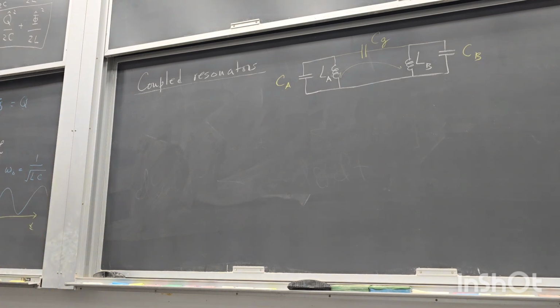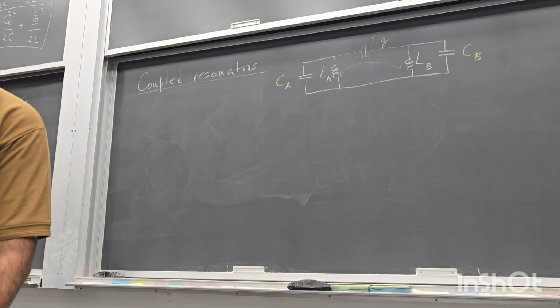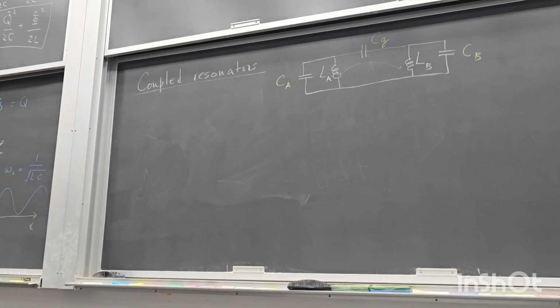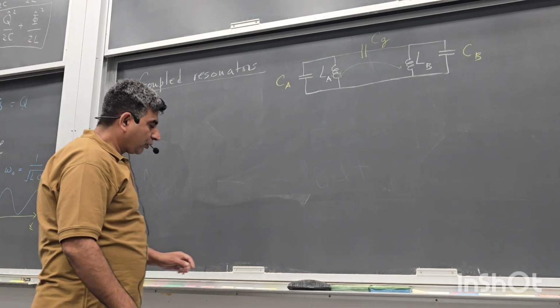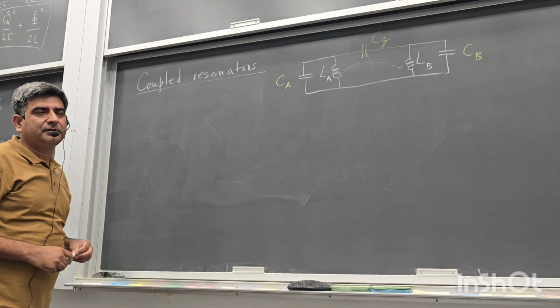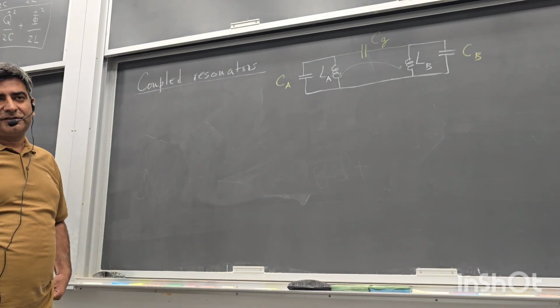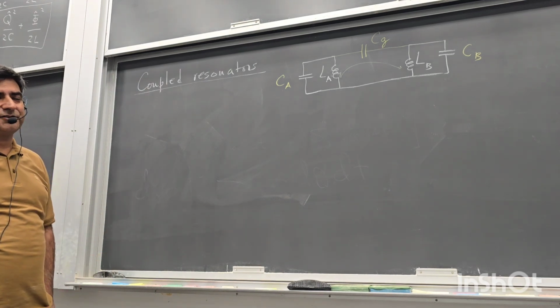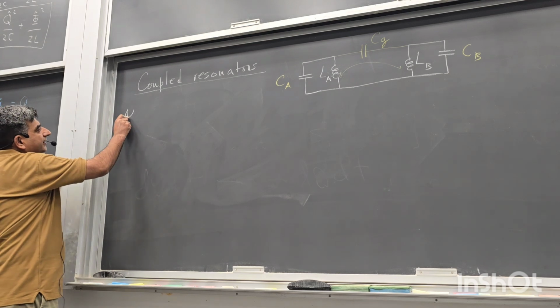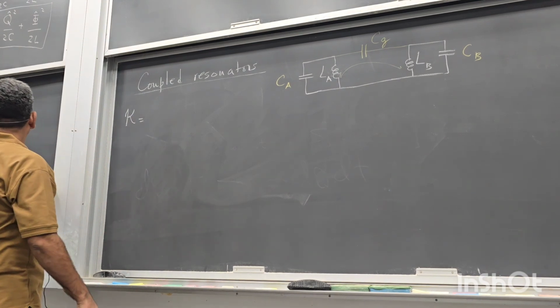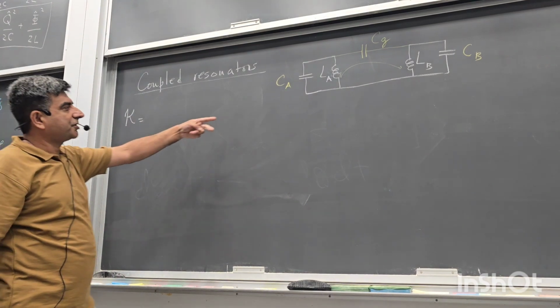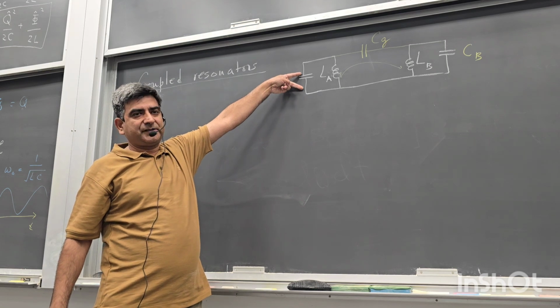So now what we could do is write down the Hamiltonian or the Lagrangian for the system. So there's going to be some kinetic energy and there's going to be some potential energy. Let's first write down the kinetic energy term. So the kinetic energy is coming from the charge on capacitors.